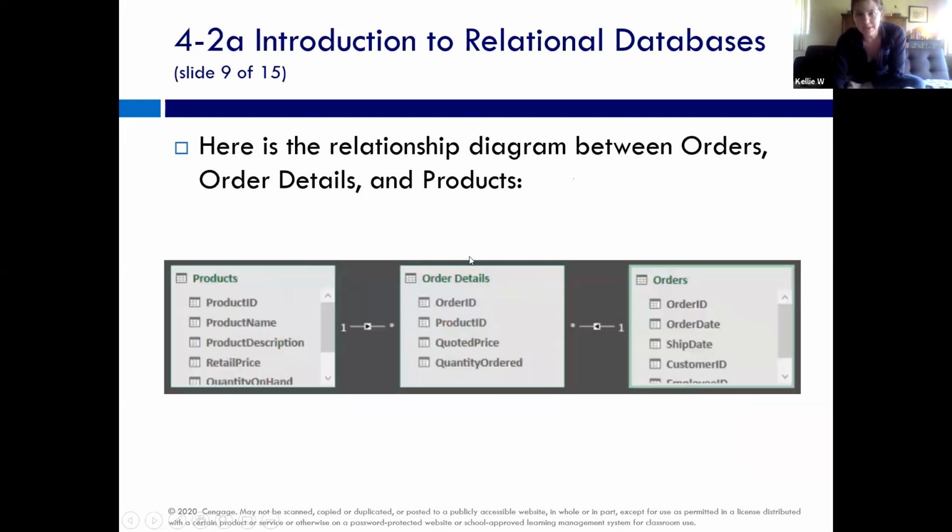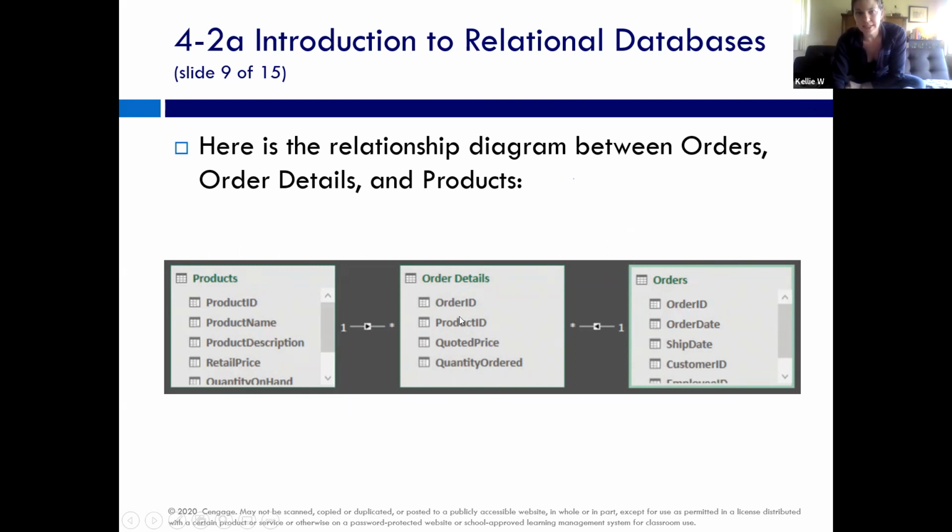All right, so now we have products, order details, and orders. This is the sort of many-to-many bridging that I was talking about. Our products table lists all the information about each individual product. Our orders table lists each order, which is uniquely identified by the order ID and provides information about the order.